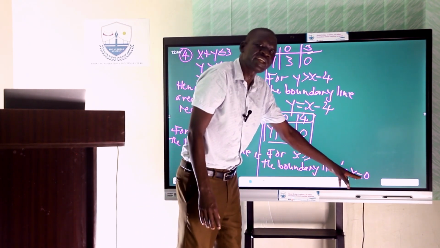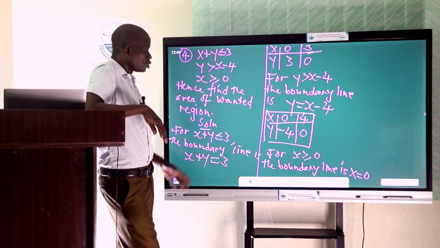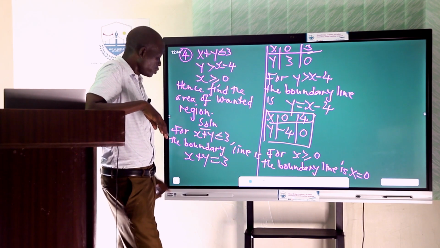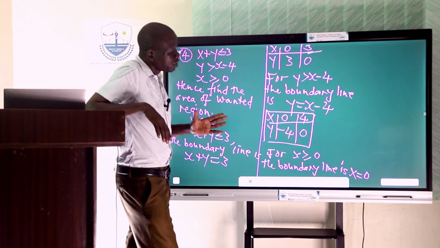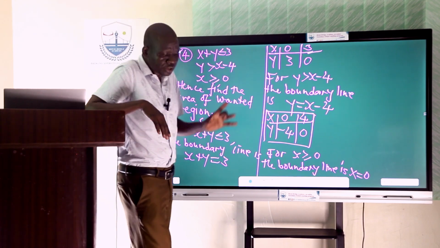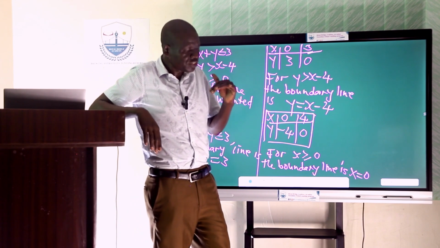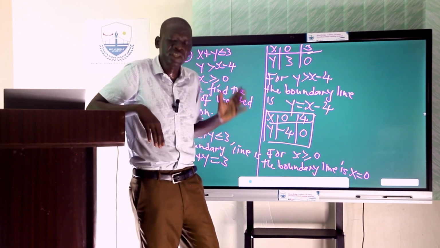So we shall draw the line x is equal to 0. Now we are going to put everything on the graph. We plot everything on the graph, then we shade the unwanted region. The region that is left unshaded will be the wanted region, and we shall find the area of that region.